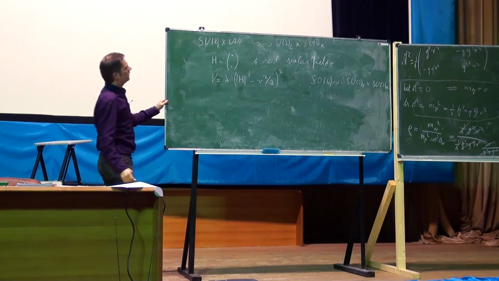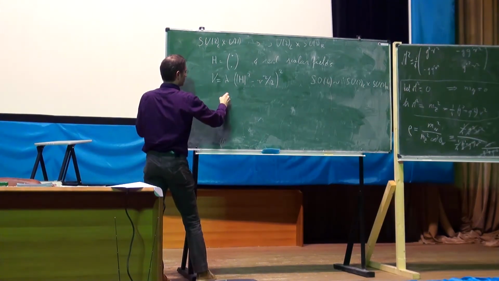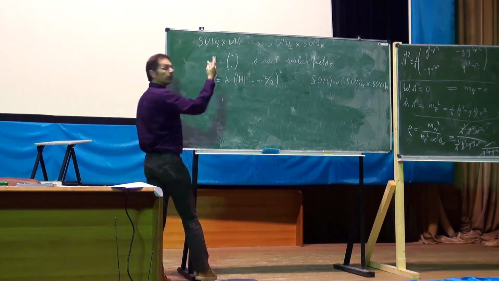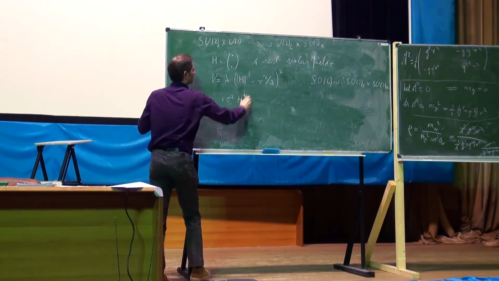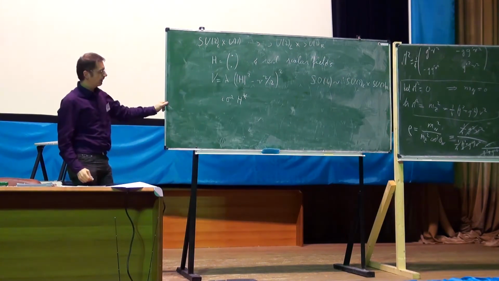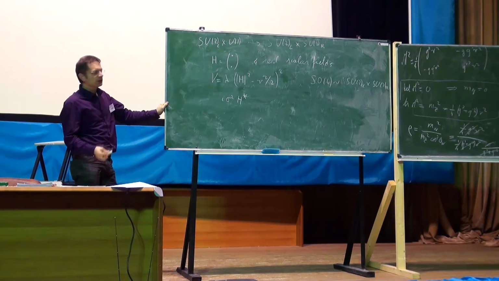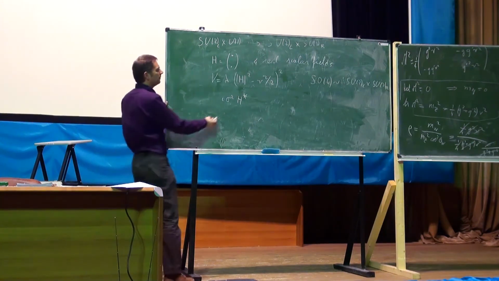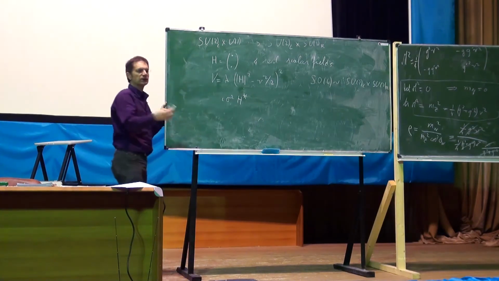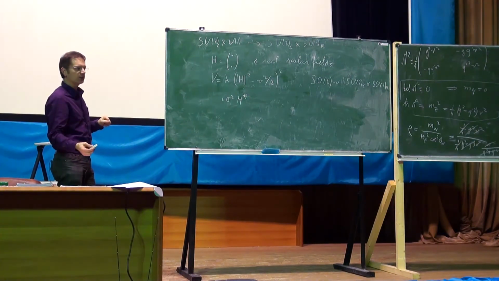The way we can see it explicitly is that out of this doublet, you can construct another doublet, which is the complex conjugate: i sigma 2 H complex conjugate. And this is a property of SU2, that the doublet is a pseudo-real representation. It means that the complex conjugate transforms in exactly the same way as the doublet itself.